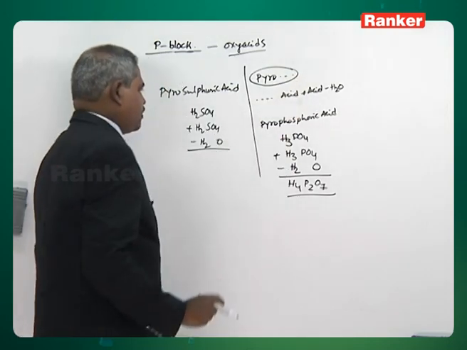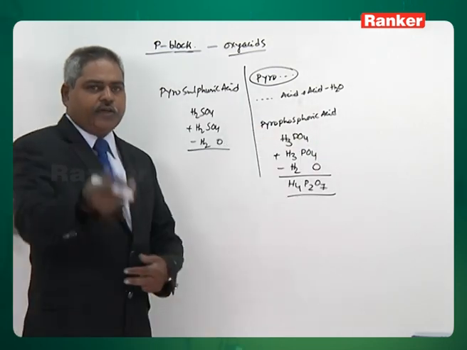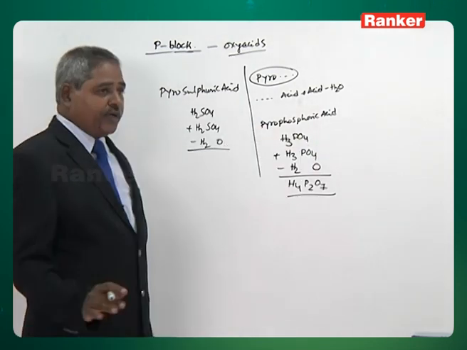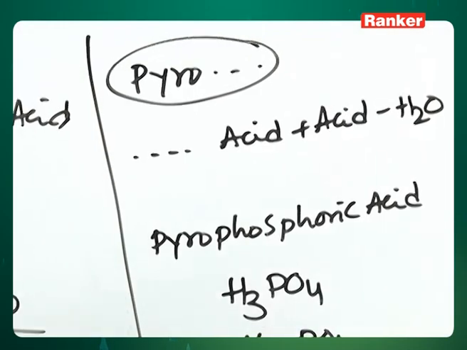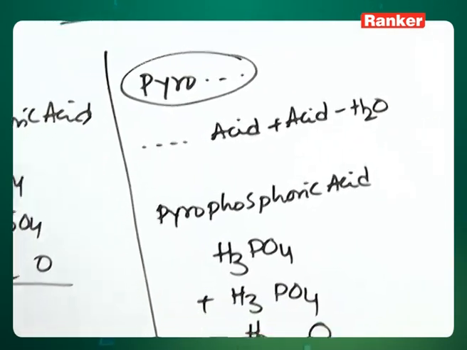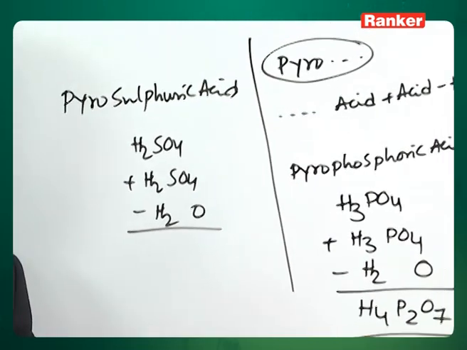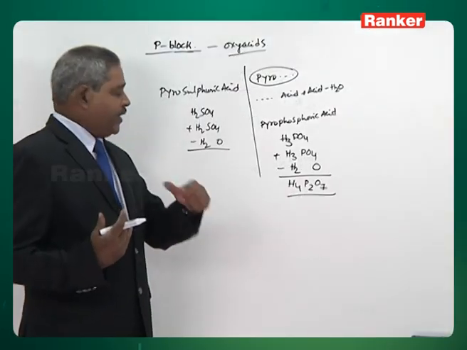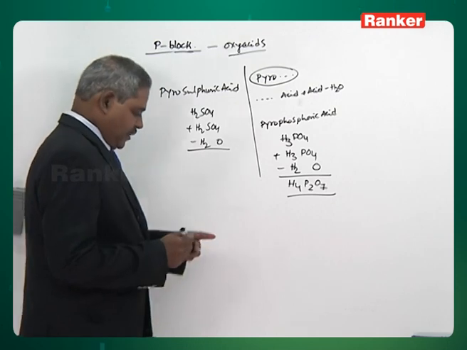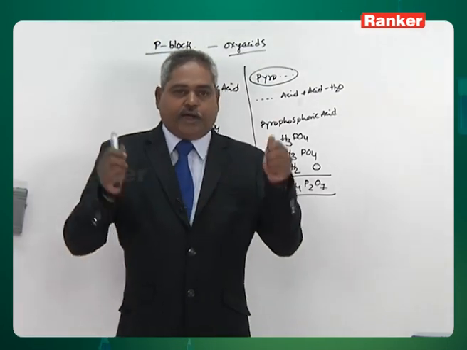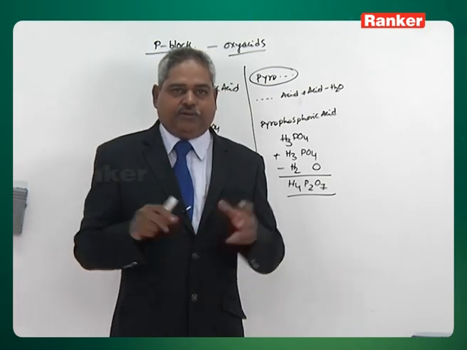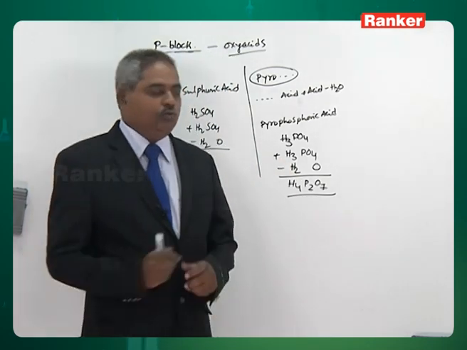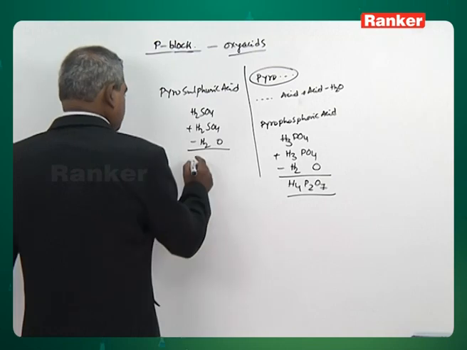The acid in question: pyrophosphoric, you take phosphoric. Pyrosulfuric, you take sulfuric. Pyrosilicic, you take silicic. So pyro is an adjective to sulfuric acid. Pyro means sulfuric acid plus sulfuric acid. It is like taking two molecules and removing water, that is called intermolecular dehydration, removing water from two acid molecules.